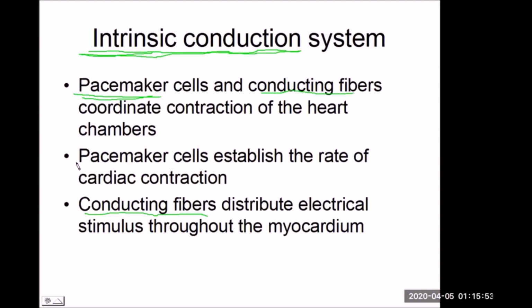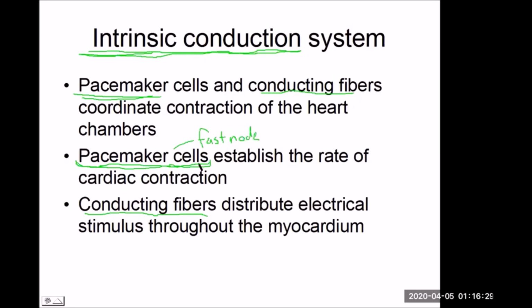So the pacemakers, these specifically are the cells that have the ability to produce an action potential, to produce an electrical current. Depending on the speed, the pacemakers are the fastest nodal cells. So we have the term AV node, SA node, and within each node, the fastest nodal cells get the distinction of being a pacemaker.